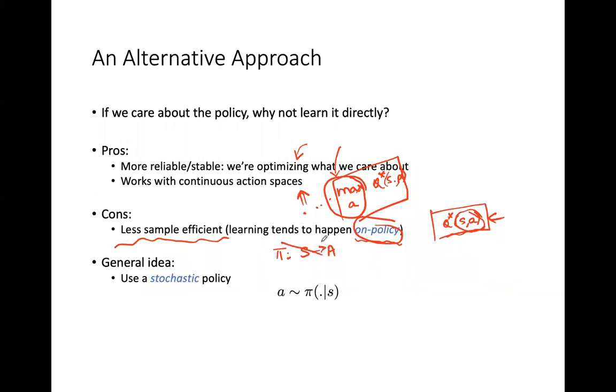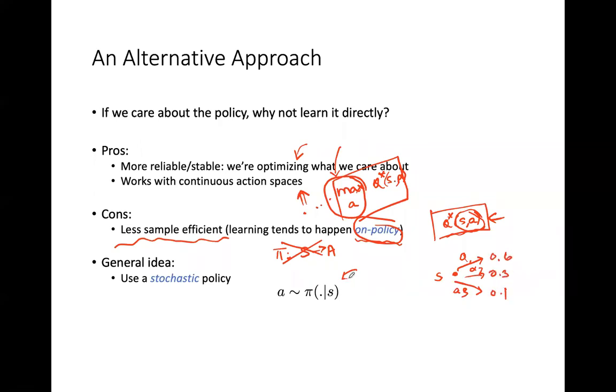Instead of this, we will now represent our policies as stochastic policies. And what that means is, if I'm in a given state, my policy will give me a distribution over the possible actions. So for example, it may induce a distribution like this.